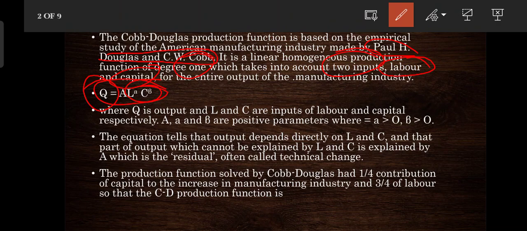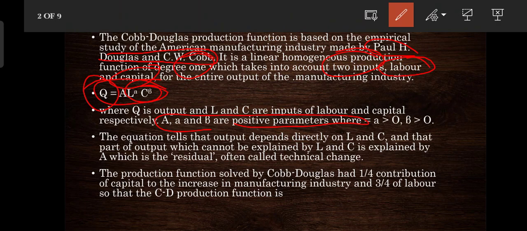And capital A, alpha and beta are positive parameters. So here we can see A into L raised to alpha and C raised to beta, where A, alpha and beta are positive parameters. Alpha is greater than 0 and beta is also greater than 0.